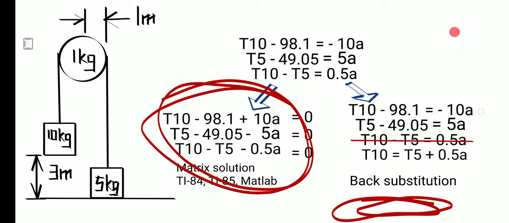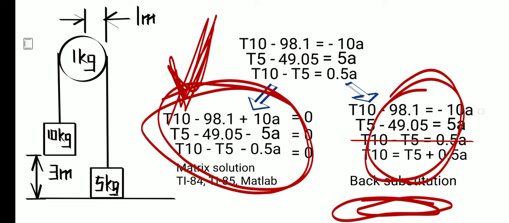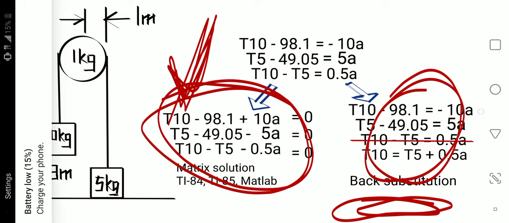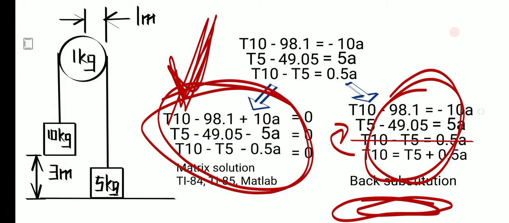This is what's in your computer when you solve for a finite element analysis, because you don't have just 3 equations and 3 unknowns. You have hundreds of equations and hundreds of unknowns, and you have big solver routines. But anyway, we're going to use the matrix way, and we'll save the other method for another time. But it's straightforward. You just plug in T10 and do algebra.